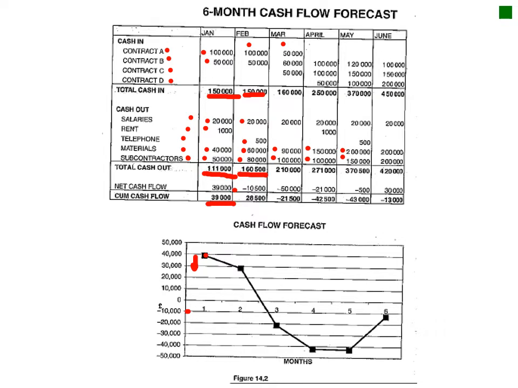So this is a cumulative graph, and very easy, you can see 28,000. This is what your cash flow is. So you can see after month 3, you're still losing 50,000 rand with regard to your income. So there you see you actually going into a negative cash flow.